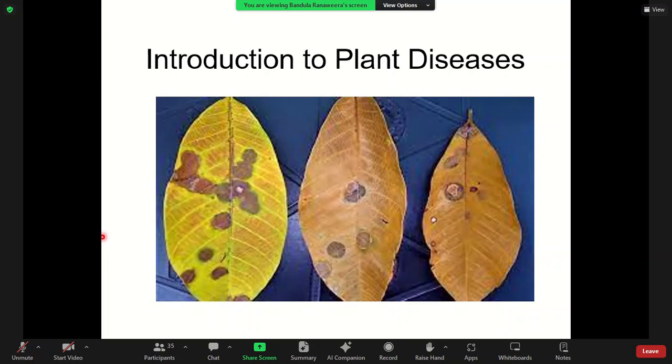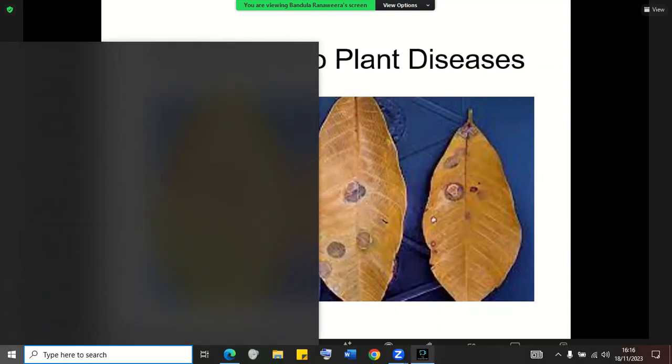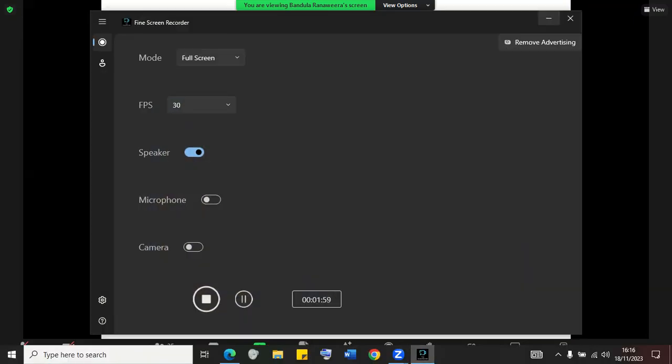So diseases like this, they are also necessary to be managed, because the function of the plants will be, of course, impaired or affected by these type of diseases.